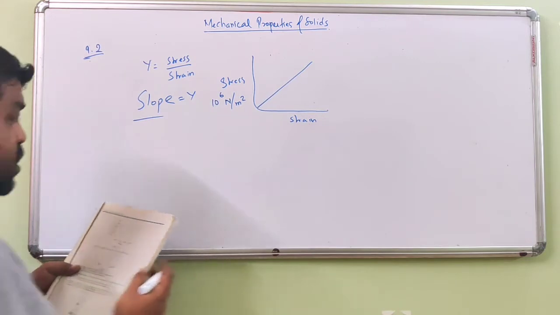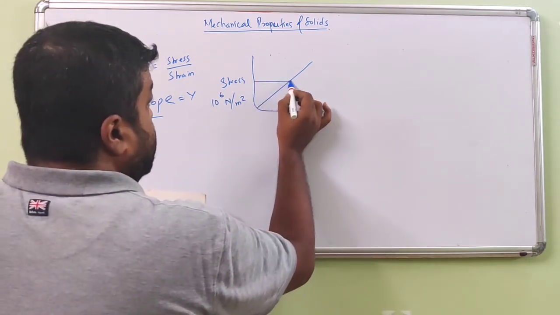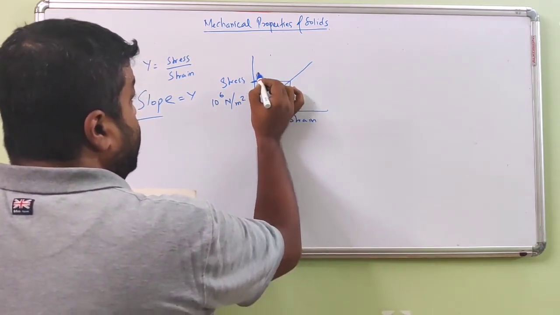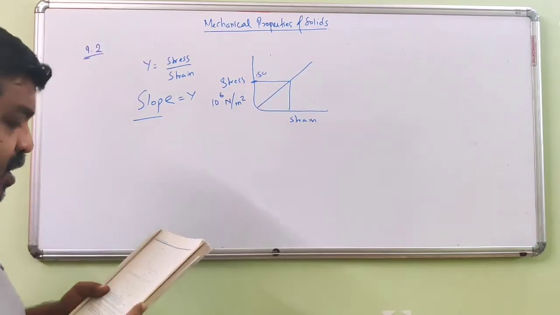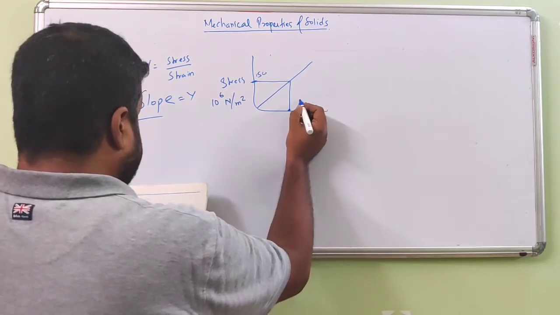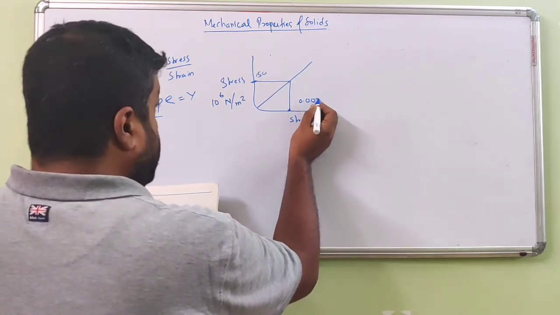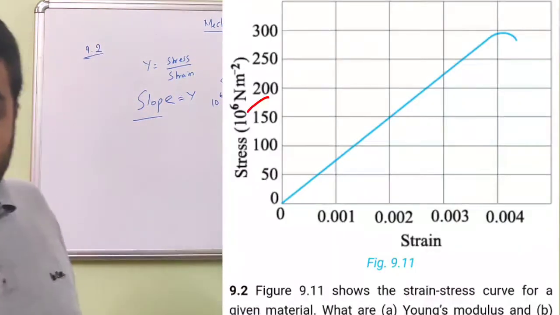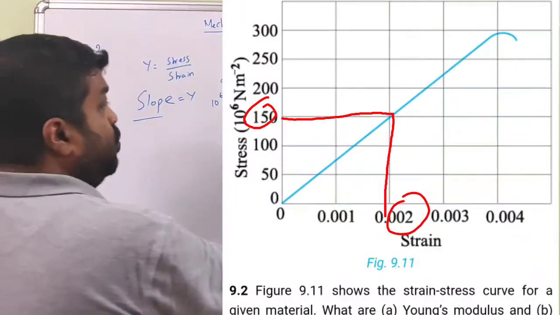So here you have 150 in the graph, if you observe carefully, and the equivalent point along the x-axis is 0.002. From that we can calculate the slope.